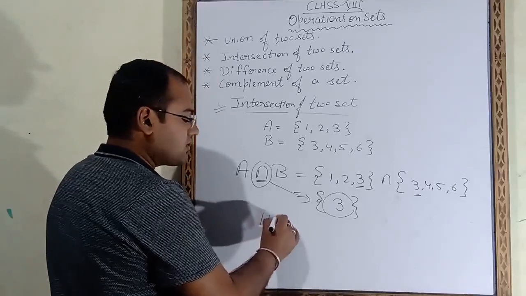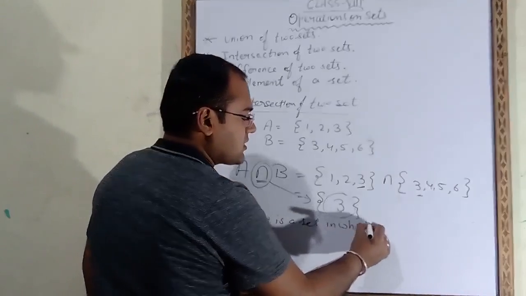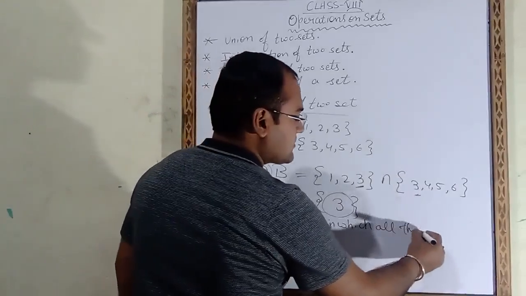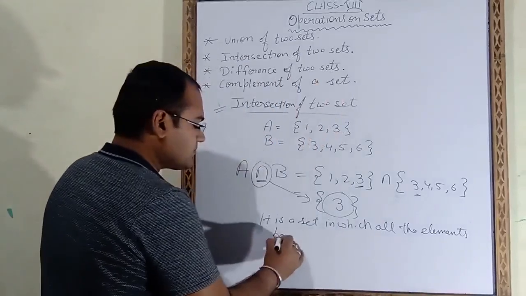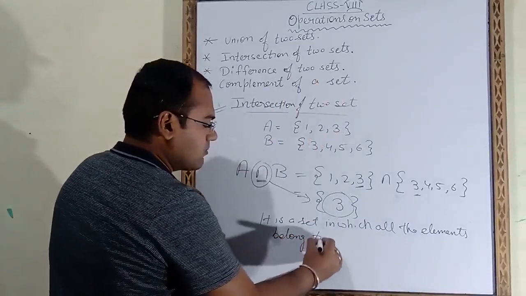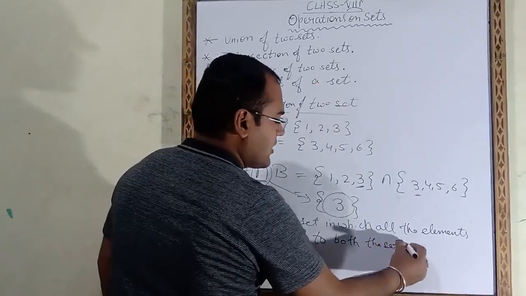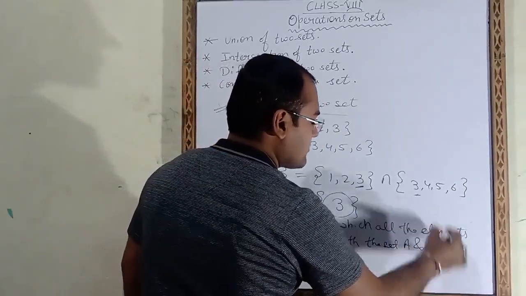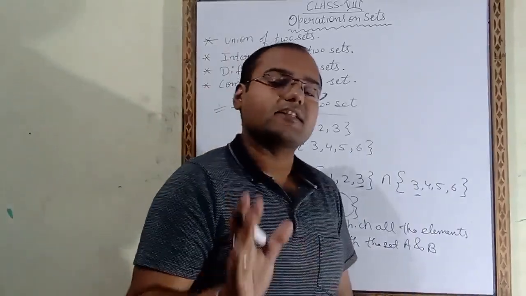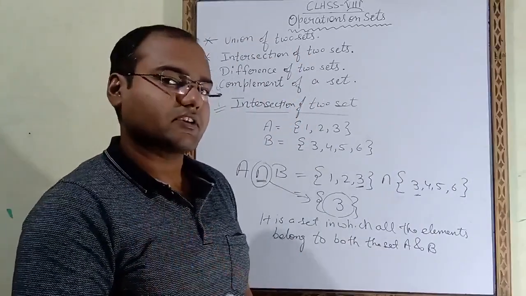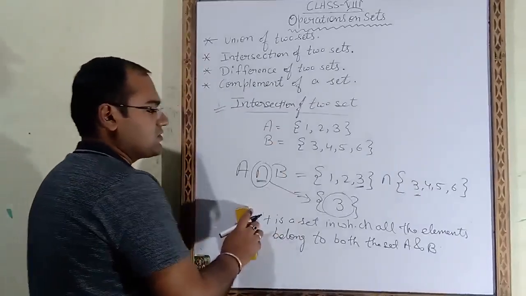It is a set in which all the elements belong to both the sets A and B. Then that set is called intersection.